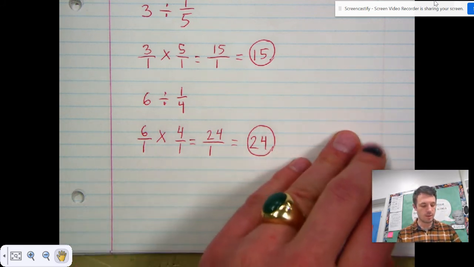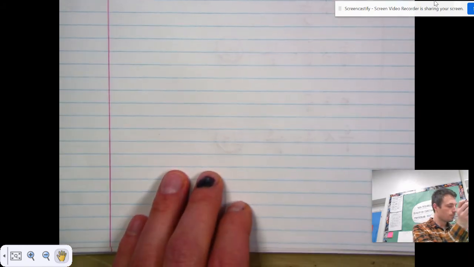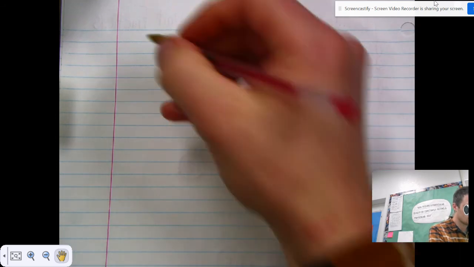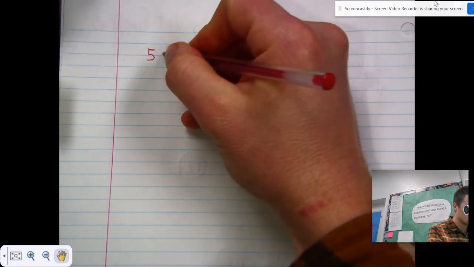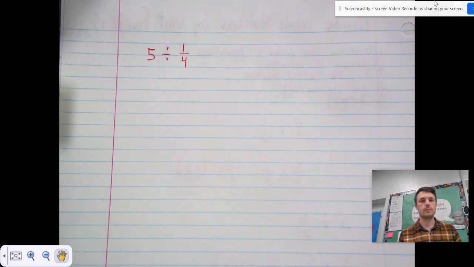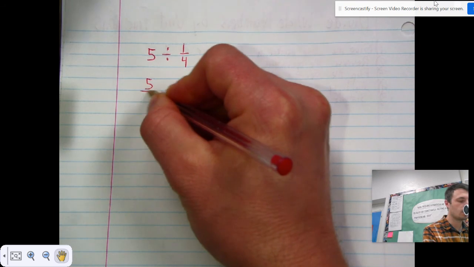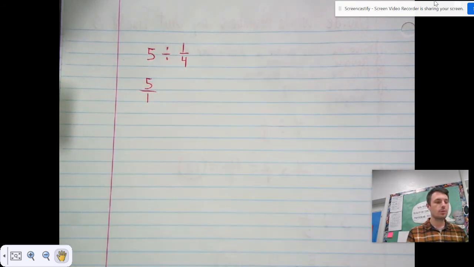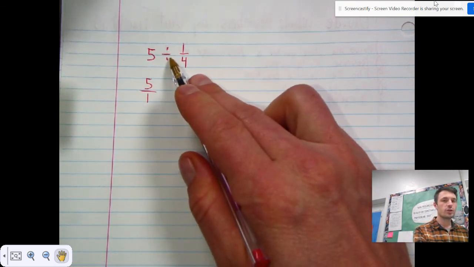Okay, I'm going to turn this paper over and do some more examples with you. Let's do 5 divided by 1/4. Step 1, give the whole number a denominator of 1. Step 2, reverse the operation.